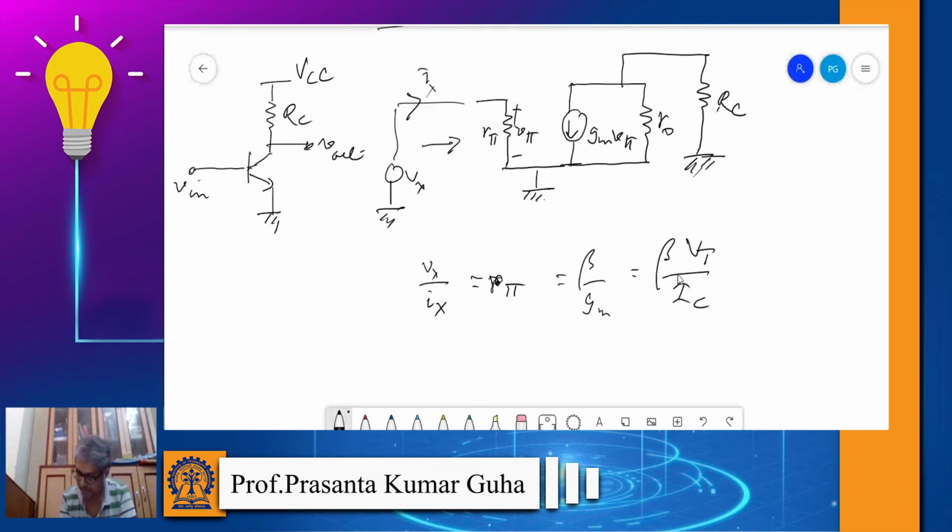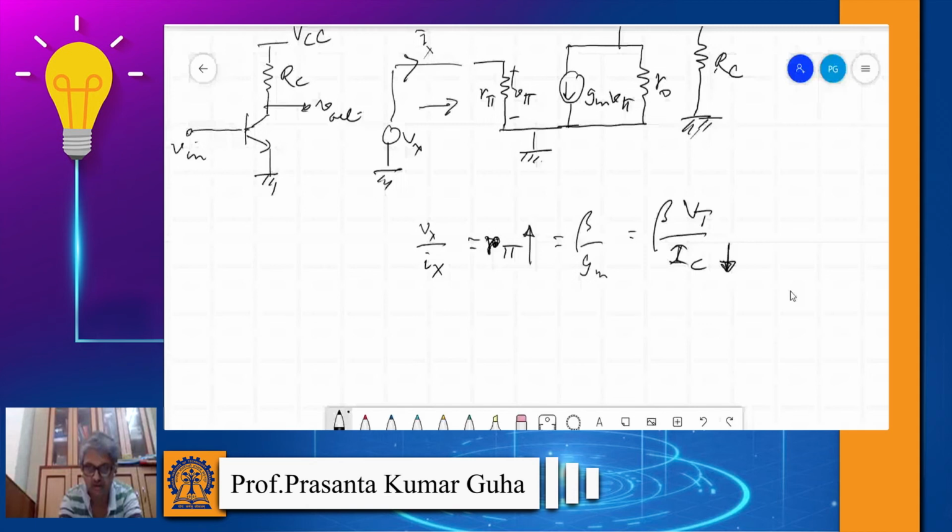As I said before, higher beta or lower Ic will give you higher input impedance, and higher input impedance is important. If we lower the Ic value, our input impedance of the amplifier will increase. What about the output impedance of that circuit?